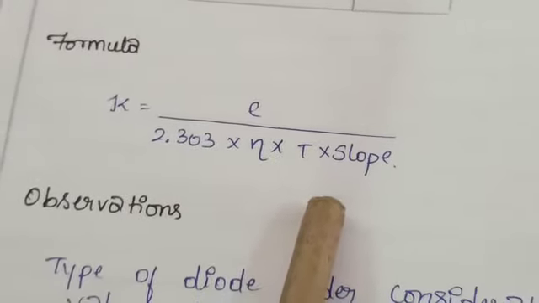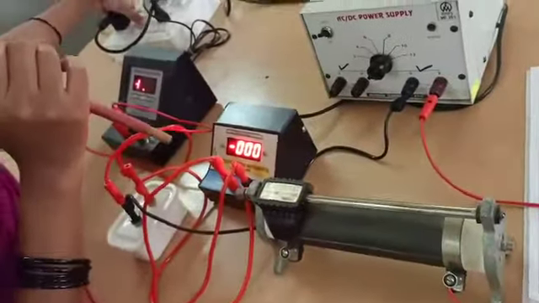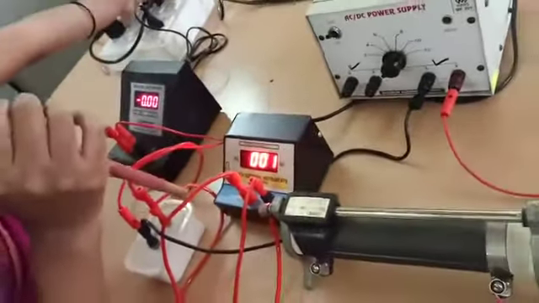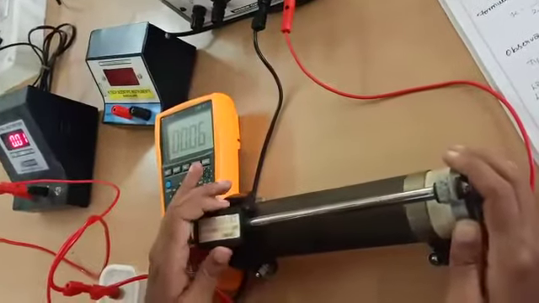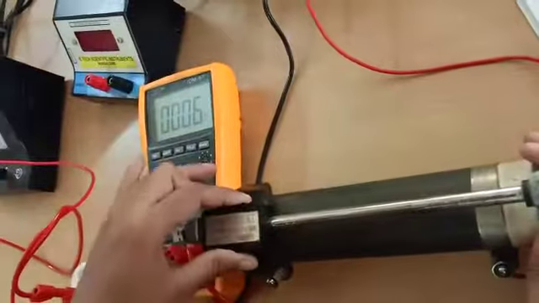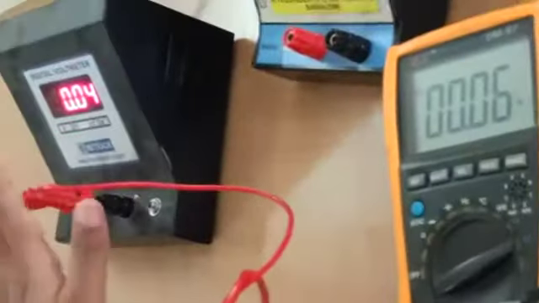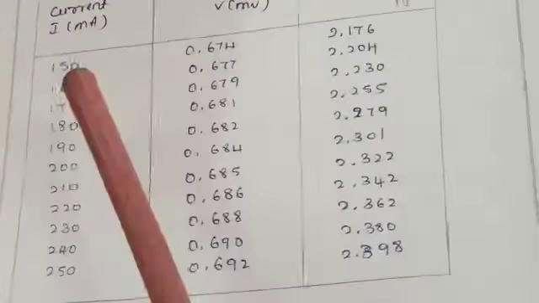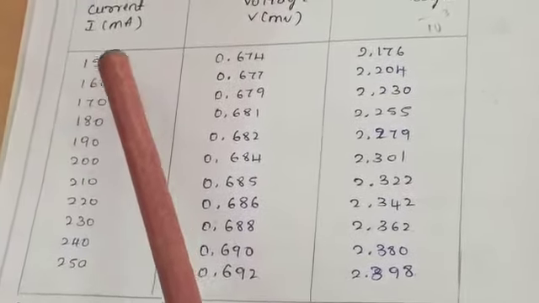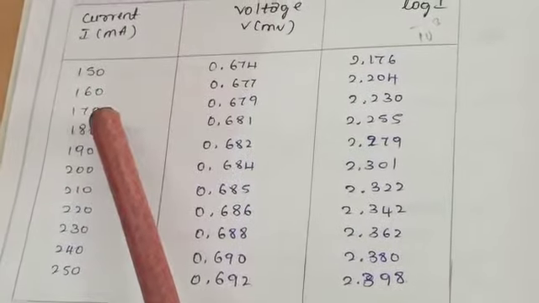Let us do the experiment. By varying the rheostat, voltmeter and ammeter readings are tabulated like this. The current will be taken as 150, 160, 170, 180.